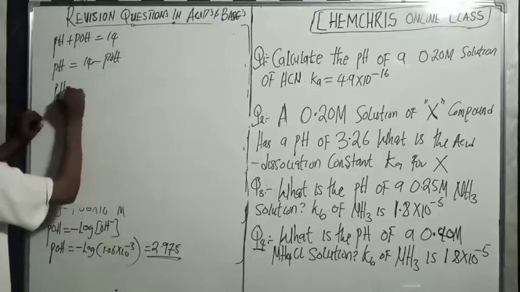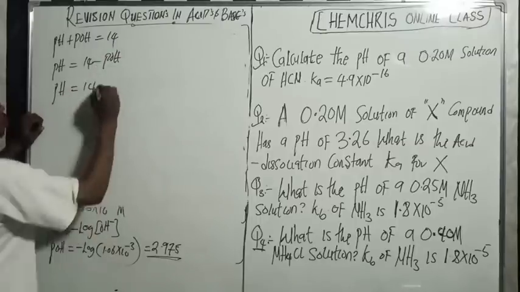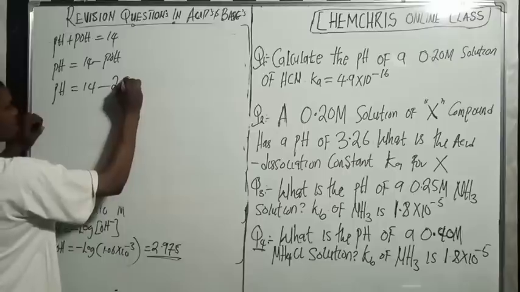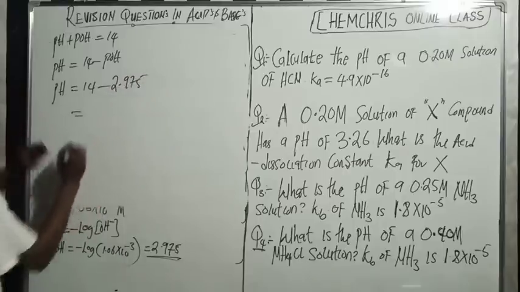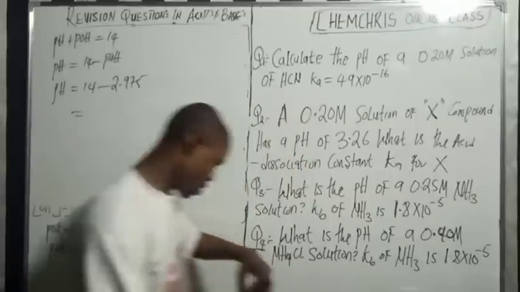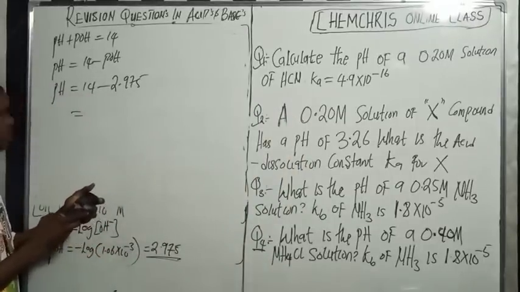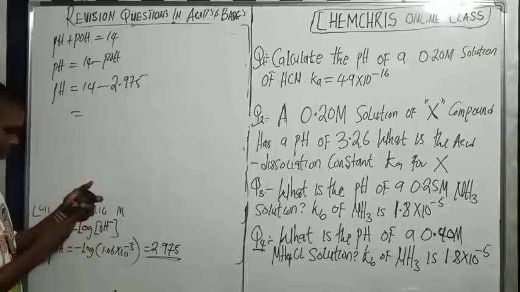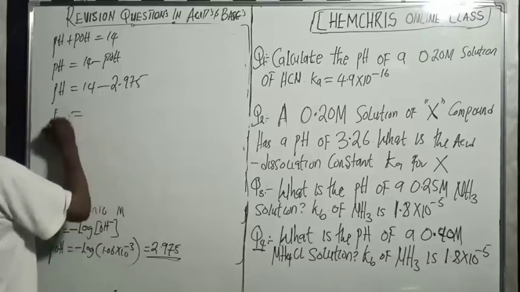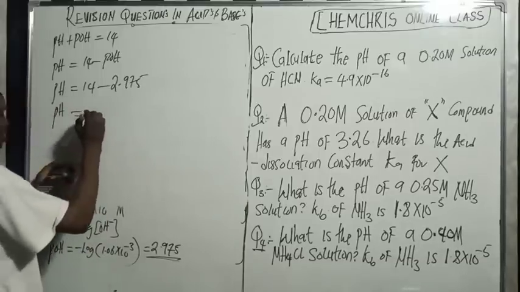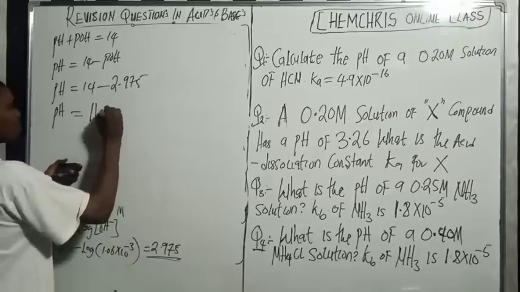So pH equals 14 minus 2.975. On your calculator you get pH equals 11.025.